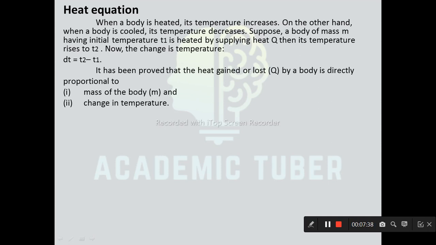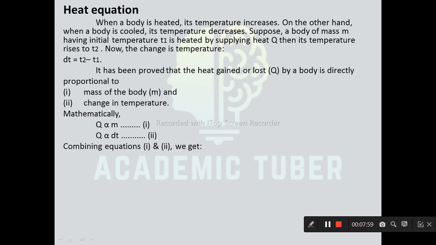It has been proven that the heat gained or lost by a body is directly proportional to the mass of the body and the change in temperature. Mathematically, Q is directly proportional to mass. That is, as mass increases, the amount of heat loss or gain also increases, and Q is directly proportional to the change in temperature.